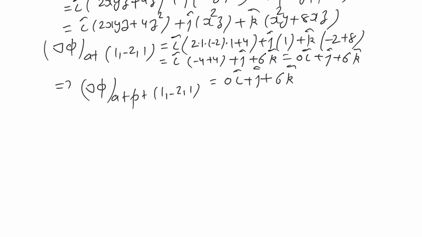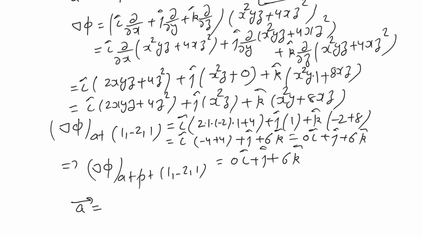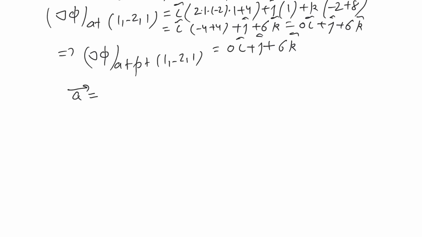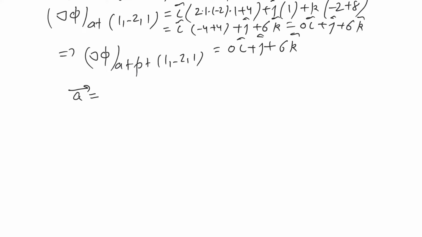Next we go through the A vector. A vector is given as 2i minus j minus 2k cap. So I am going to take A vector as 2i minus j minus 2k cap.